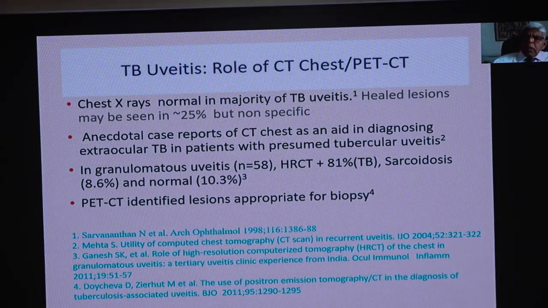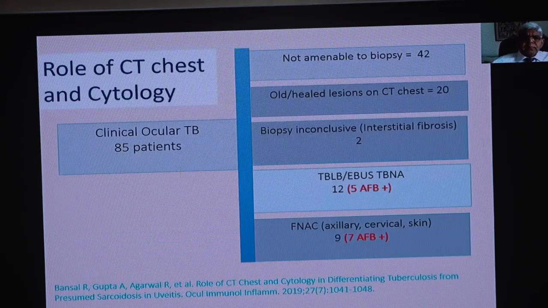In the past, there have been a few studies where they have shown very expensive tests in the form of PET scan, PET CT, which might identify lesions for biopsy and show that the patient does have TB infection.